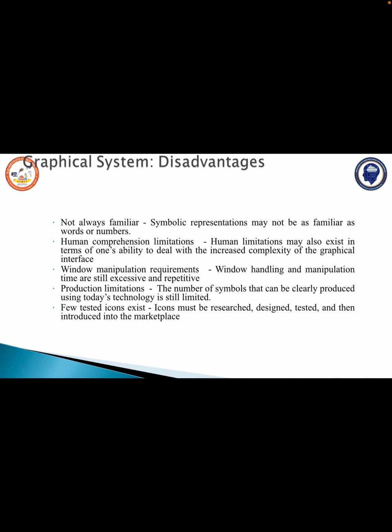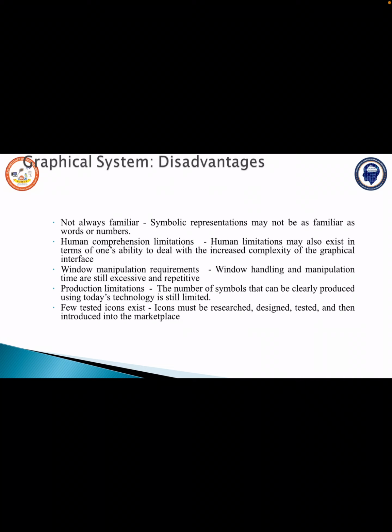As I told, here everything is symbolic representation. Few people are not much familiar with these icons or symbols. They should know for which symbol what the operation is. If they are not familiar, then obviously they may find it difficult.